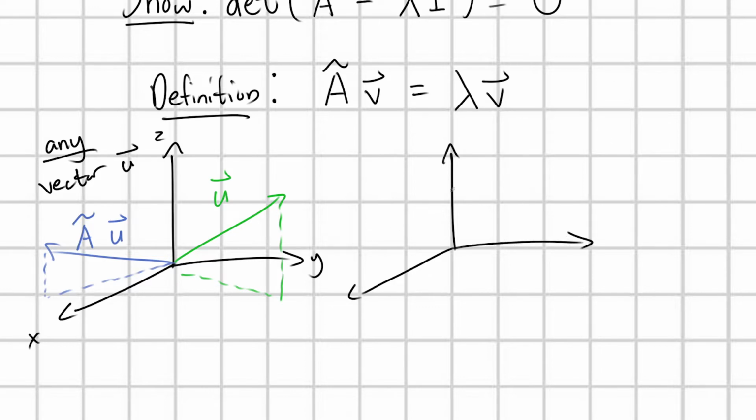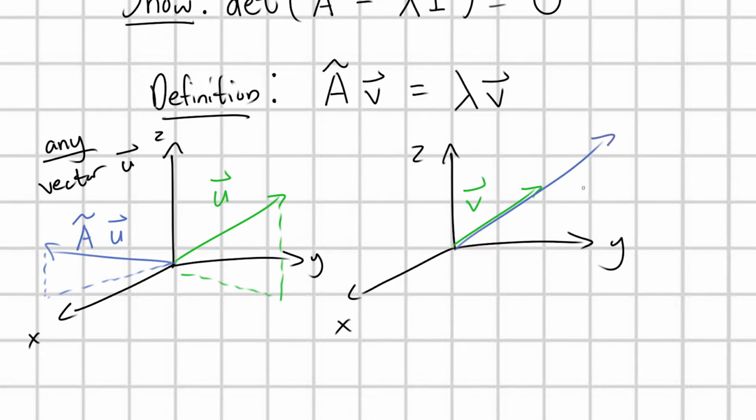So here we go. Here is now V. Here's X, here's Y, here's Z, and I apply this transformation on V, and V doesn't rotate at all.